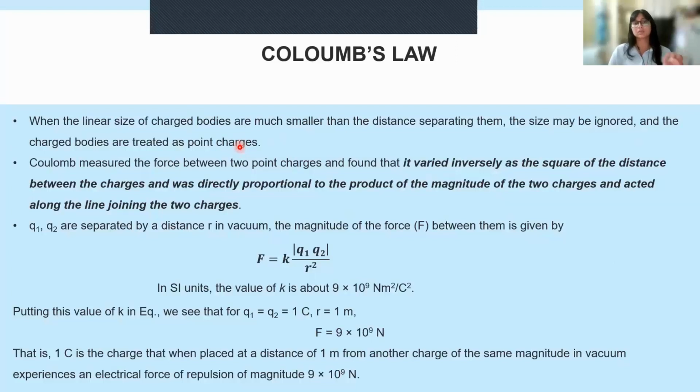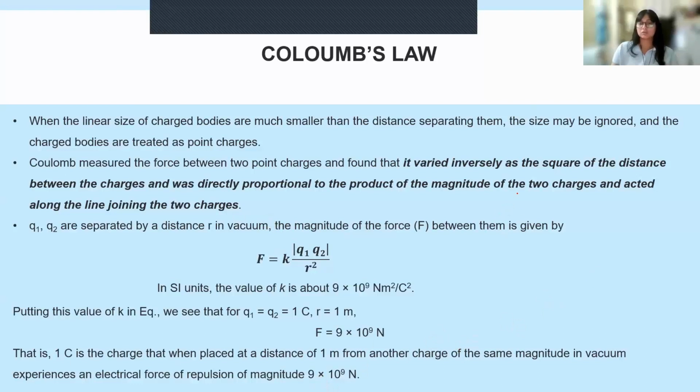We are going to give Coulomb's law for two point charges. Coulomb measured the force between such two point charges, and he found that it varied inversely as the square of the distance between the charges and was directly proportional to the product of the magnitude of the two charges, and acted along the line joining the two charges.